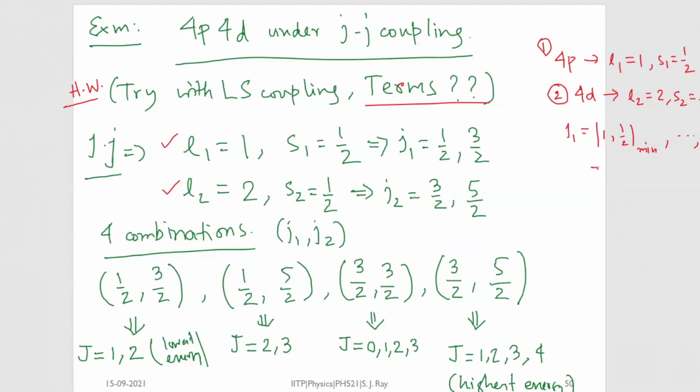So the minimum will be half, and the maximum will be 3 over 2. And the same will be true for J2. Here the minimum will be 2 minus half, which is 3 by 2, and the maximum will be 2 plus half, which is 5 by 2. So that's what we are also seeing here.